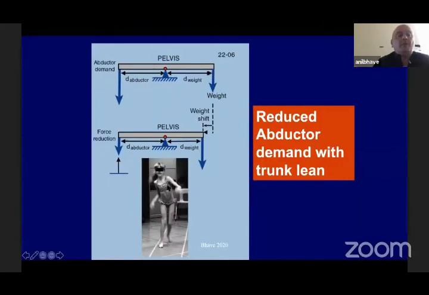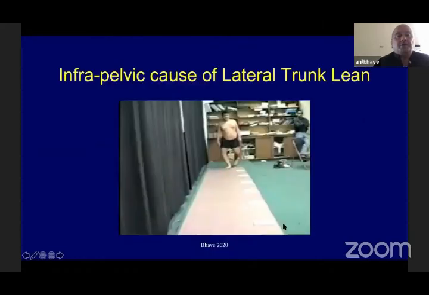And this is a more clinical example of the same thing, which shows that by shifting the weight a little bit, you can actually reduce the amount of effort that the abductor mechanism has to do. So it's a nice example of that shown in the literature.